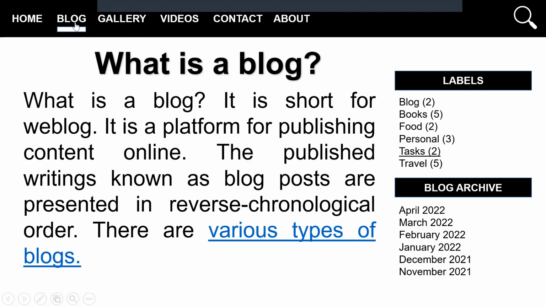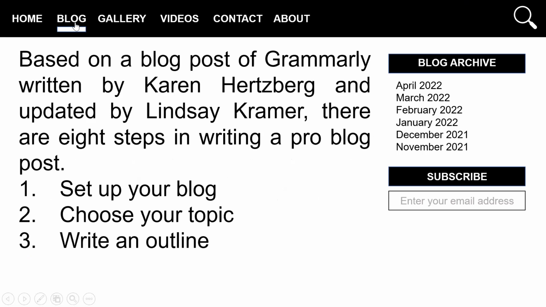Now, let's go back to this part. After learning about the definition of blog and what are the various types of blogs, let us have this portion, which is a content on how are you going to have a pro blog post.